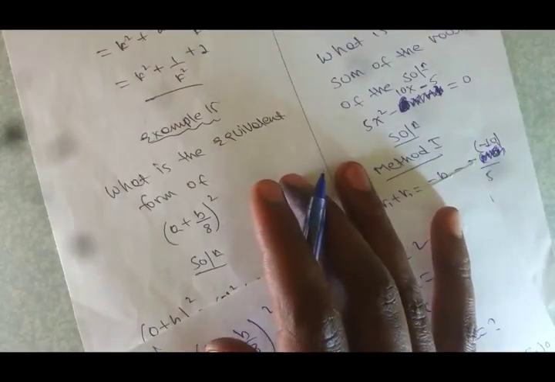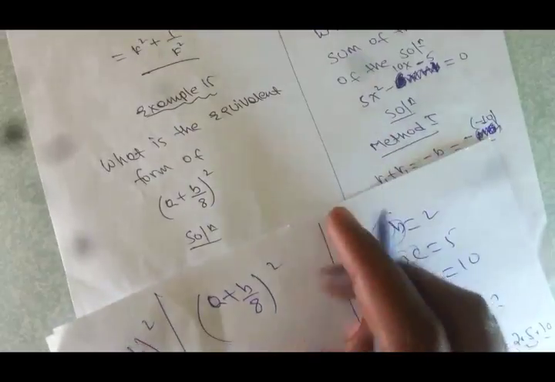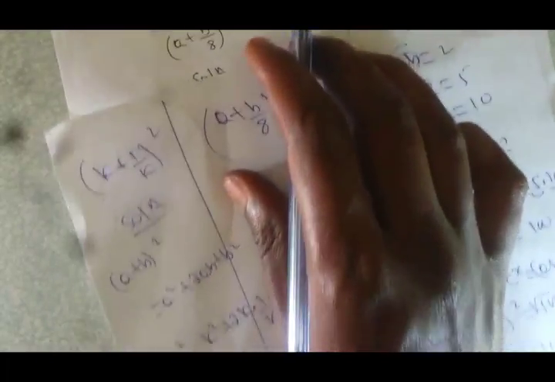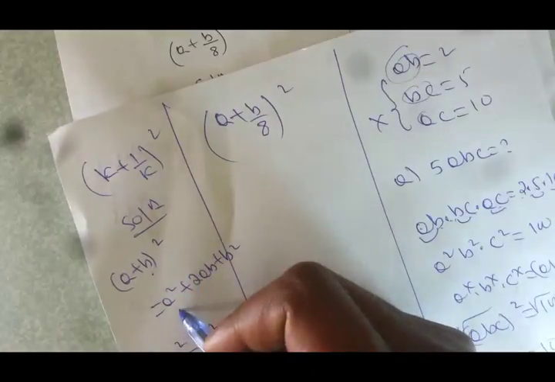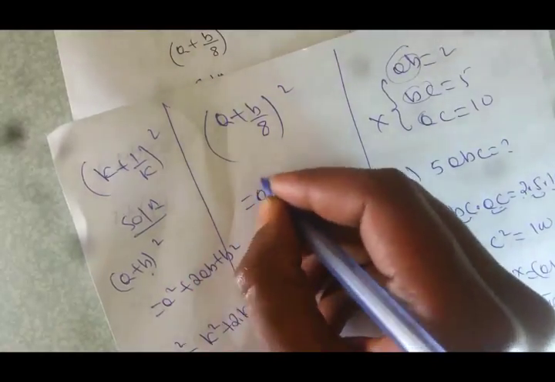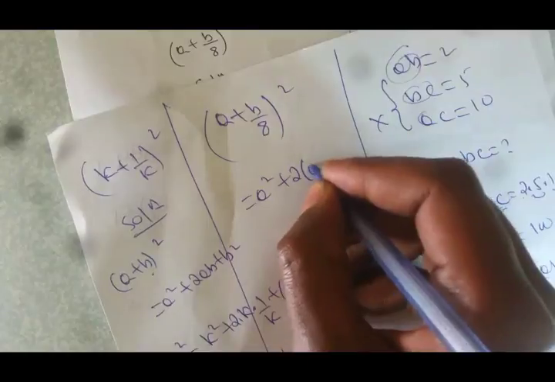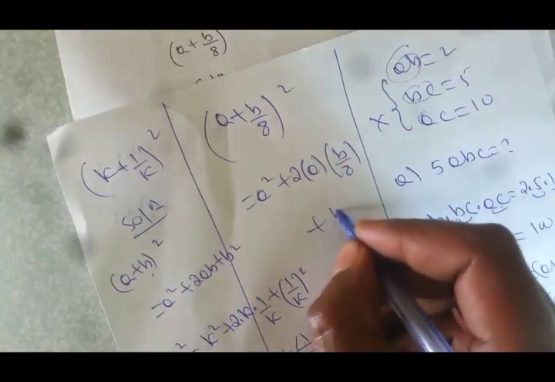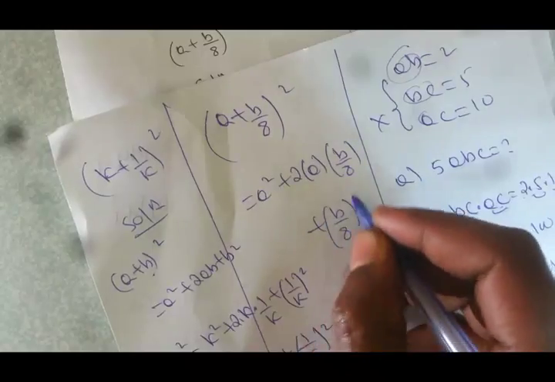Example 15 asks, what is the equivalent form of A plus B over 8 the whole square? We know that A plus B the whole square is this. Therefore, this is equal to A square plus 2 times A times B over 8 plus B over 8 the whole square.